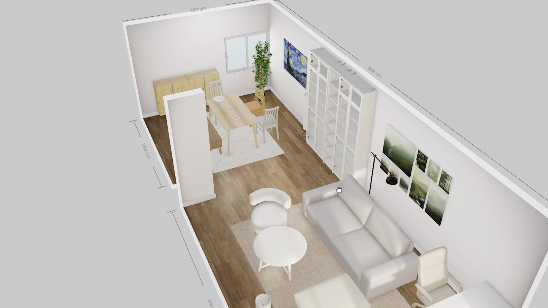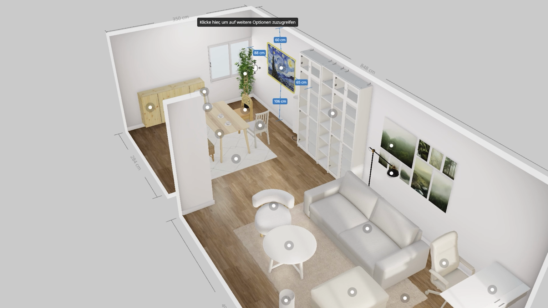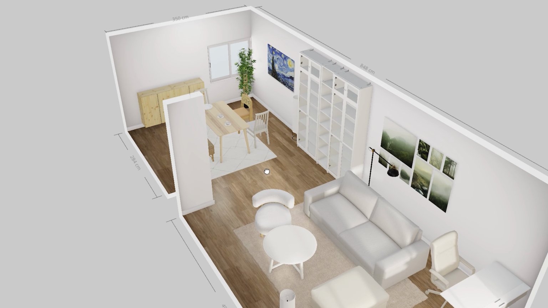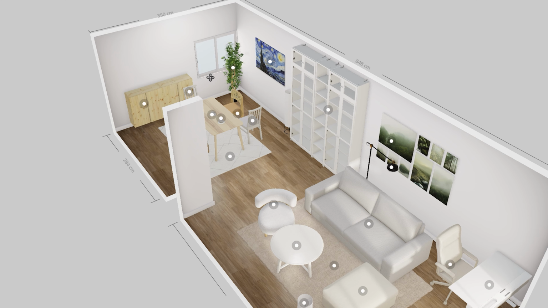And actually on this corner, this big plant is really kind of annoying to me sometimes. What I'm really planning for this corner is to make a reading area, a tiny reading corner.